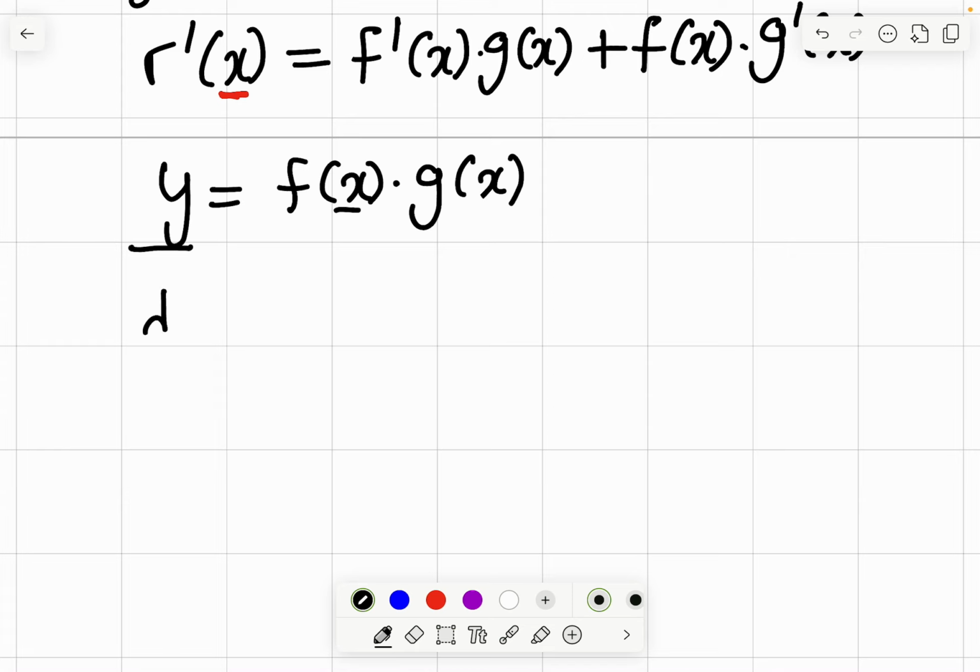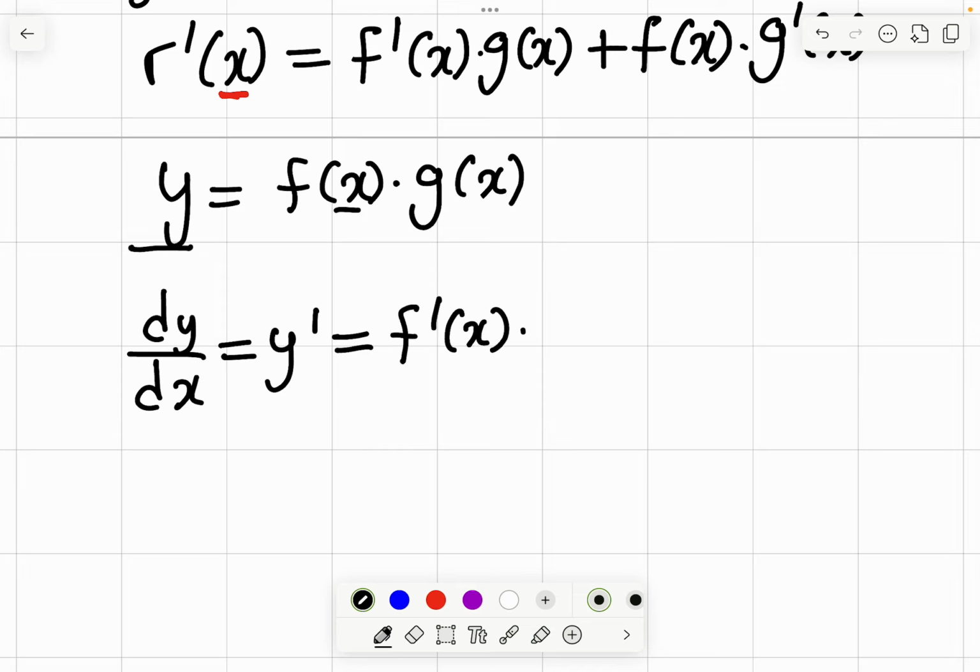You say dy over dx, or you can say y prime. You derive the first function, then you keep the second function, and you say plus.